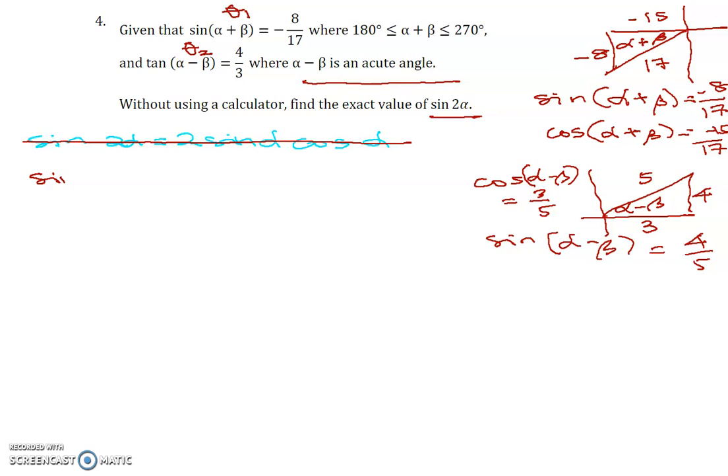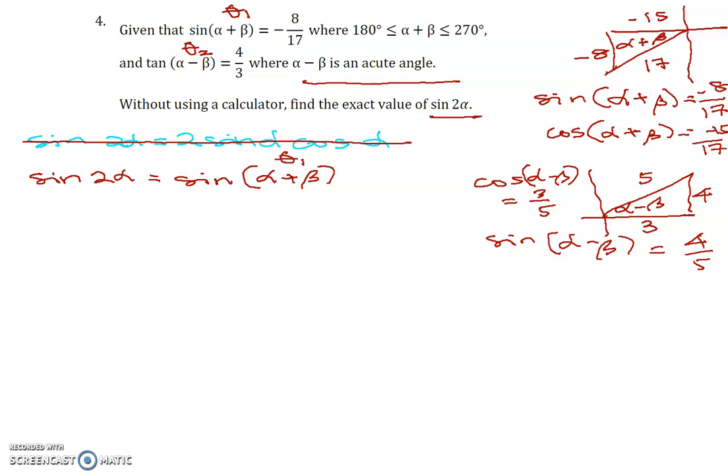Sine 2 alpha is actually sine of, listen carefully, alpha plus beta, which is the first angle.